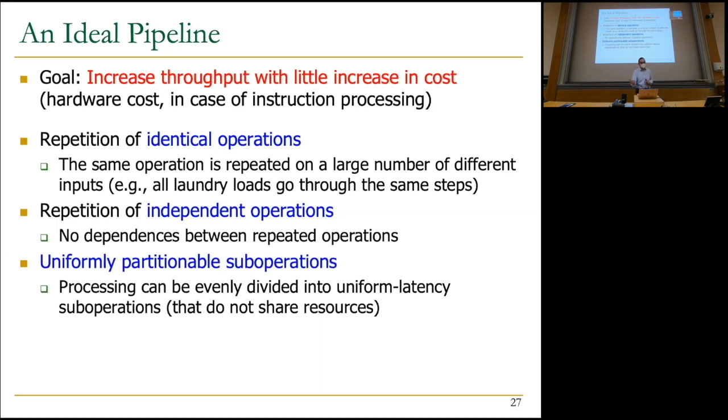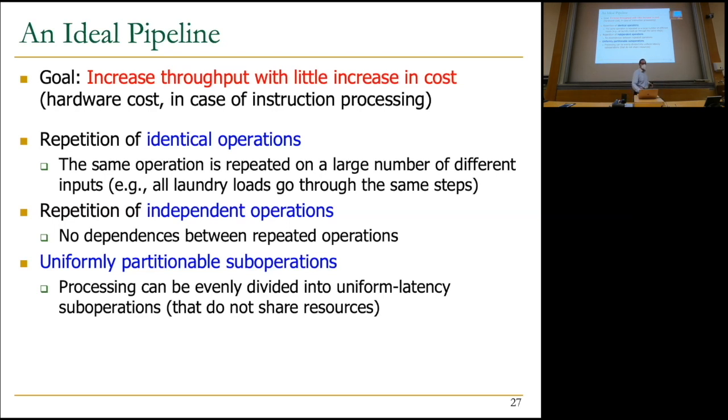And then the third property is uniformly partitionable sub-operations. This is a mouthful phrase. But basically, this means that processing can be evenly divided into uniform latency stages that do not share resources, ideally. So every stage takes X cycles, let's say, or X time, and they do not share resources. This actually can be true in a laundry.